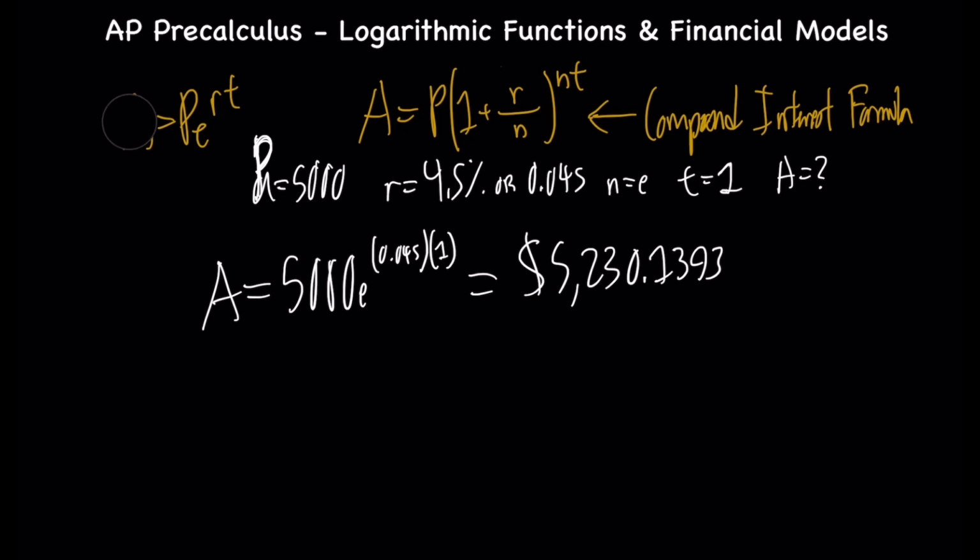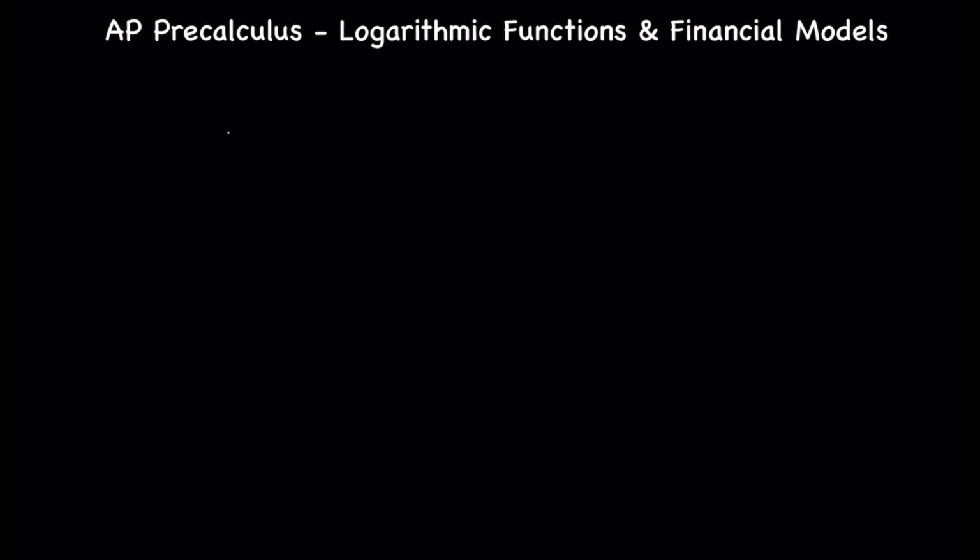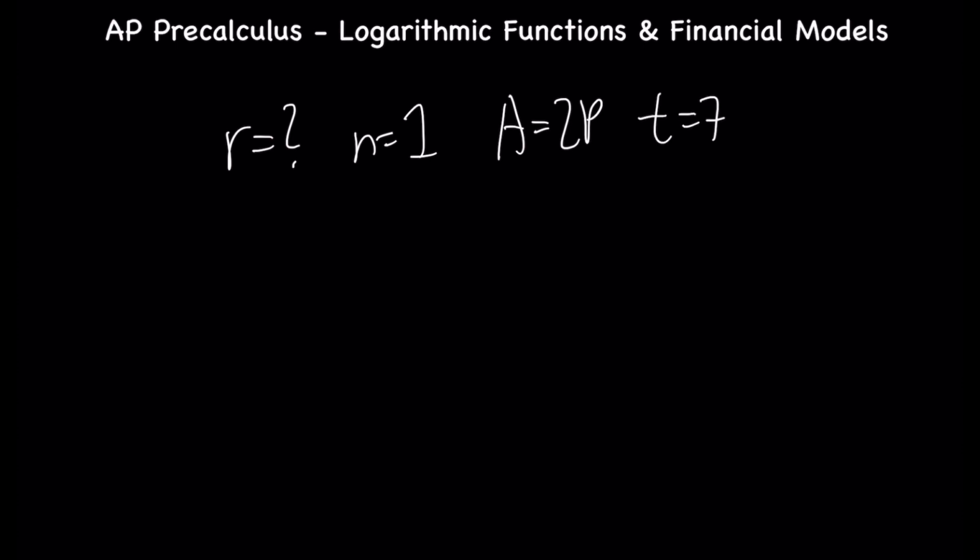Now let's go over something more complex that still involves this concept. Let's say you're trying to find an annual interest rate when it's compounded annually, if you want to double an investment, so if A equals 2P, in 7 years. First off, you want to set up your equation here.